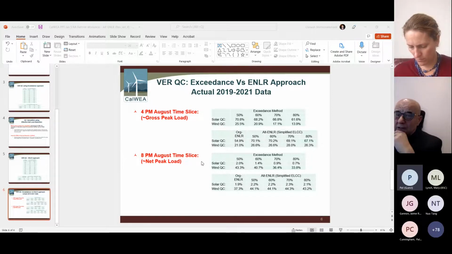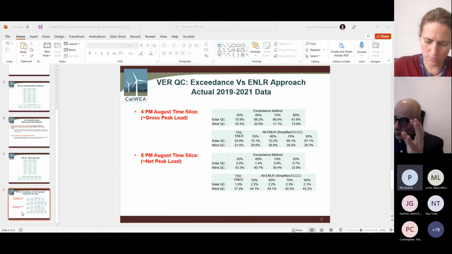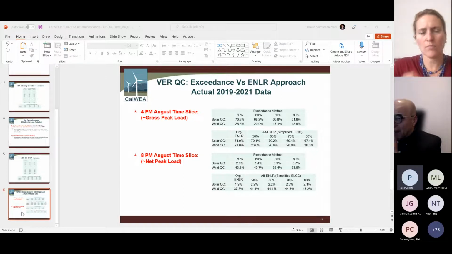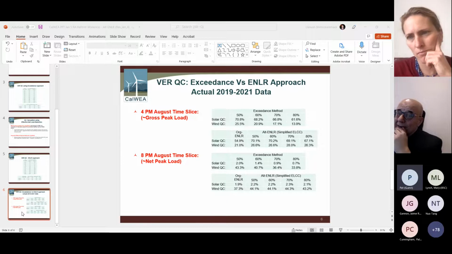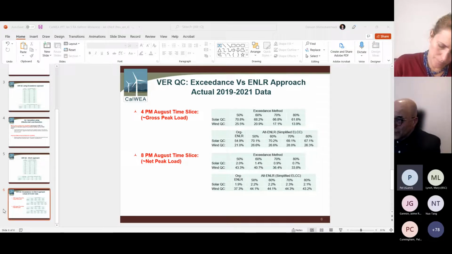Well, this approach is easily adaptable to zonal and individual unit approaches. So if we go back and use this approach on either individual resources, individual LSEs, or individual zones and calculate these numbers, the effect is to calculate the QCs for various resources.